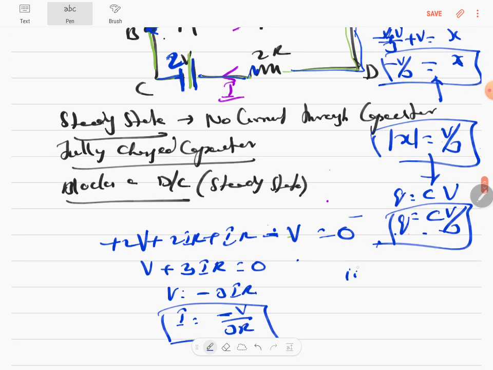And the third part of the question is to find the energy of the capacitor, which is half C V square. You don't know what C is, keep it as C. But you know what V is: V is V by 3.